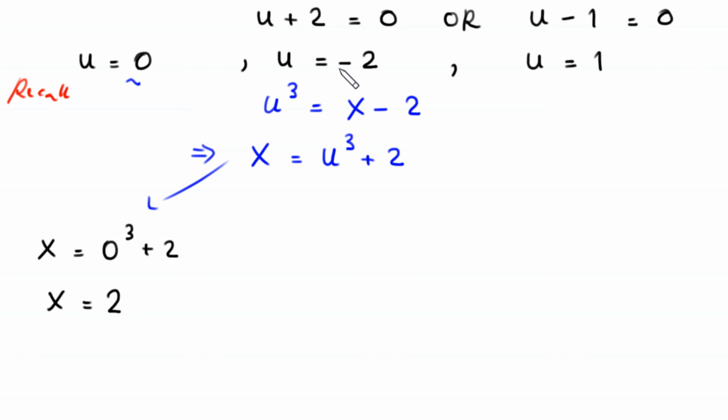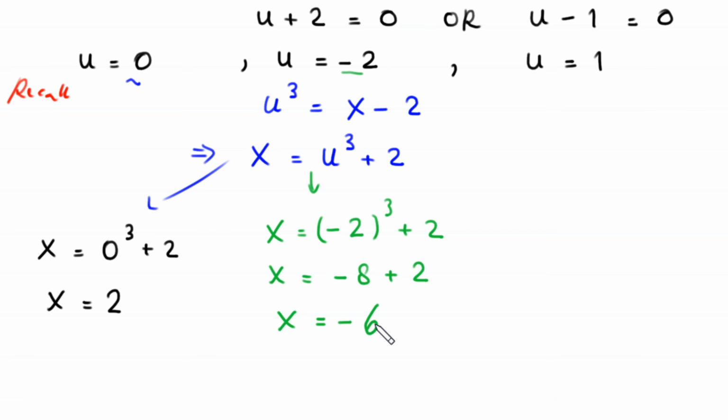Now when u is negative 2, x is equal to negative 2 cubed plus 2, and negative 2 cubed is negative 8, plus 2, so x will be negative 6.